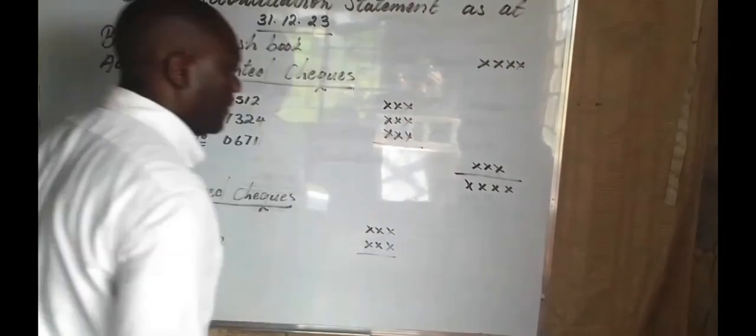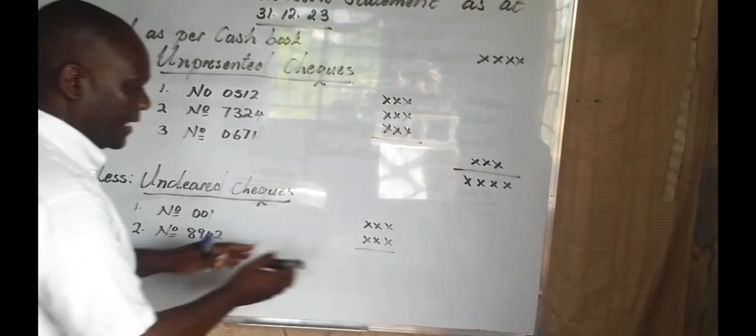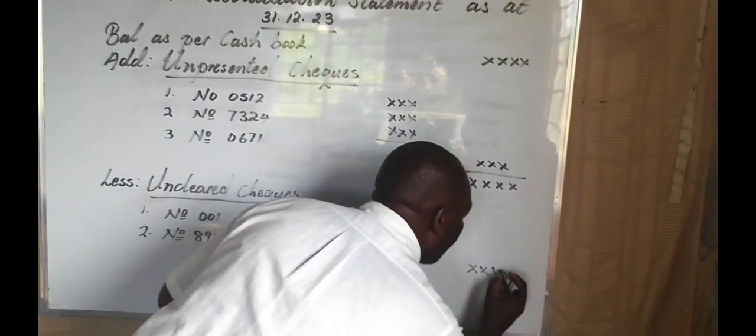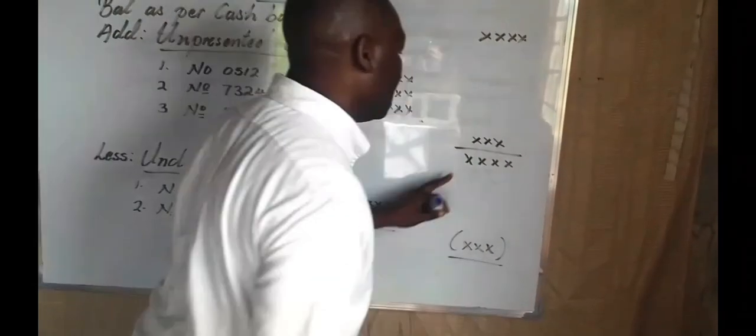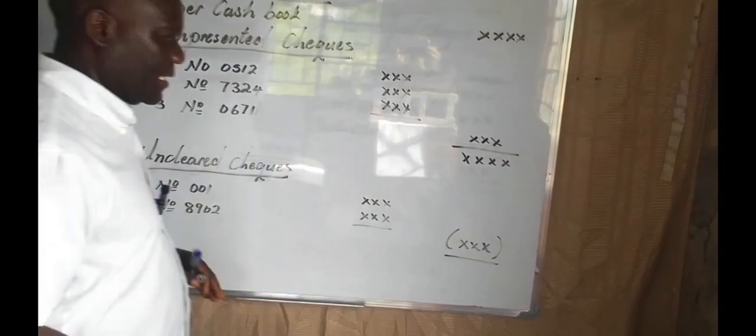Add this. The figure that you get, because here it's saying less, the total that you get here must be subtracted from this one. Okay? Because we are lessing, we are subtracting.